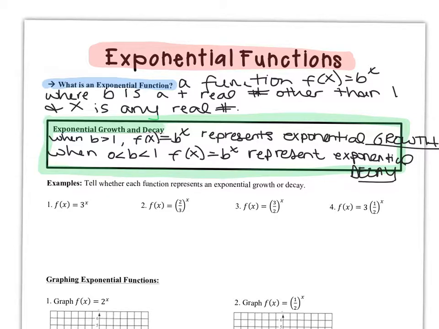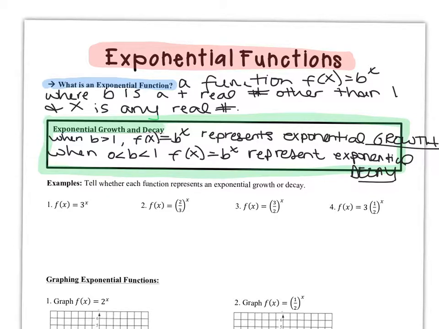So what this means is that when b is a fraction, it's going to be an exponential decay, and when b is greater than 1, it's going to be an exponential growth.